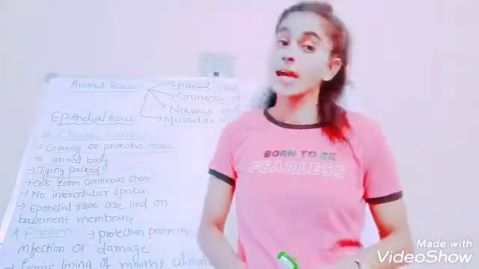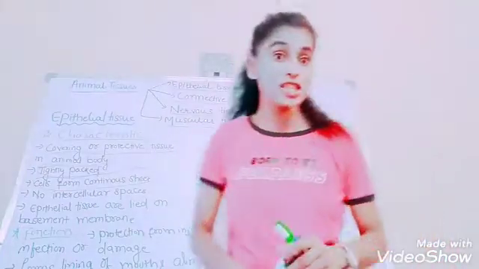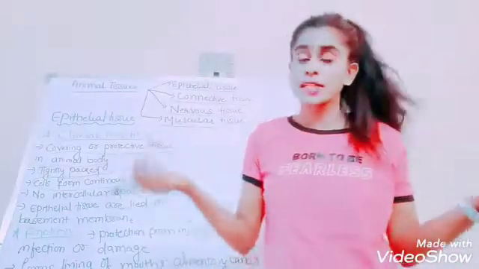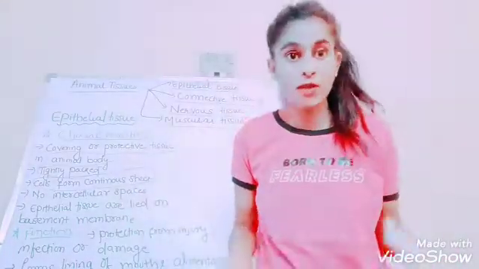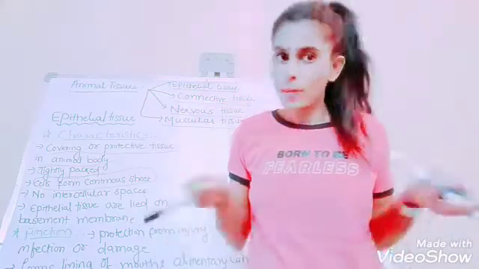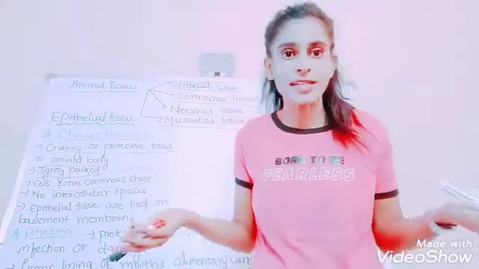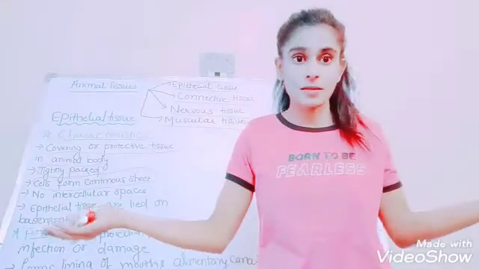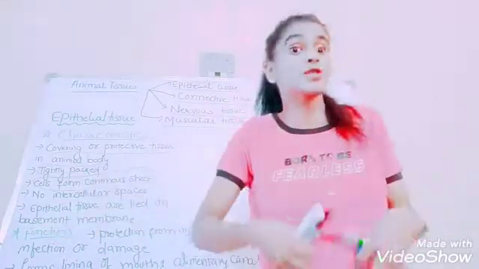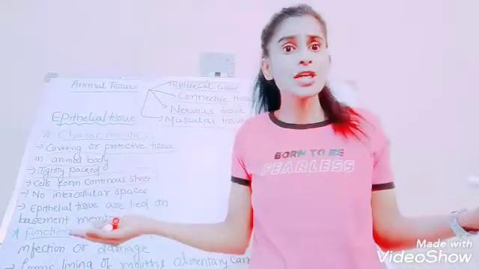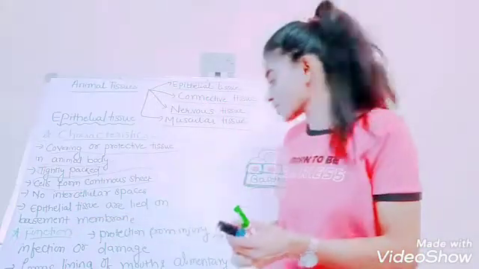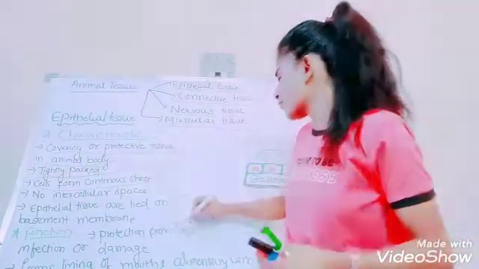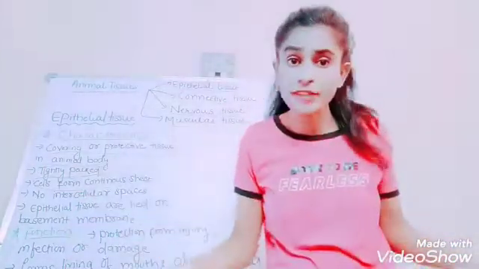Understood the structure? Now let's move on to the functions performed by epithelial tissue. The first very basic function, of course, we all know, is protection. The main function is protection. From what will it provide protection to our or an animal's body? From injury, from infection or any kind of damage.